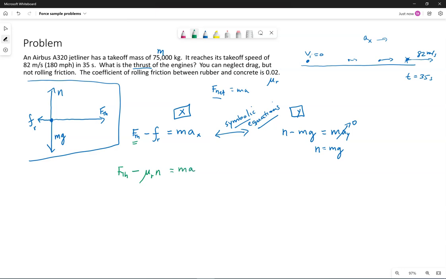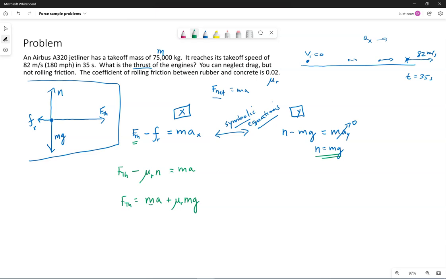That net force has to equal ma. So the force of thrust is going to be mass times acceleration plus mu, which we are given, times the normal force from the y direction, which I know needs to equal mg. So I'm going to go ahead and plug that in as well.